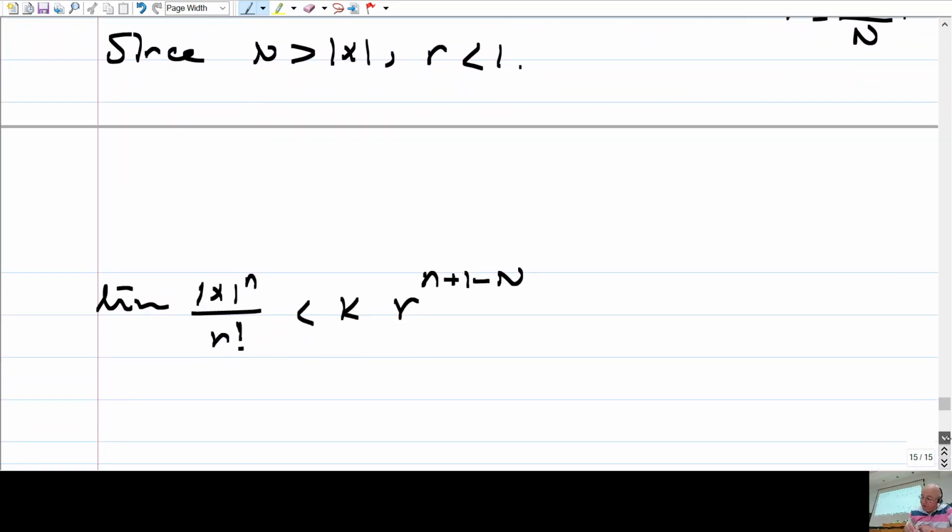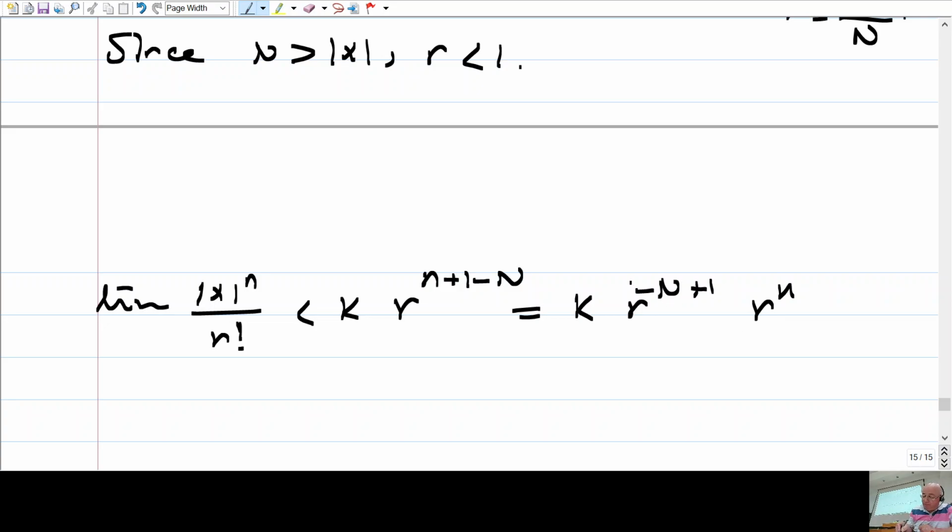And I can write it this way, this gadget. This is r, so k times r to the power minus n plus 1 and then r to the power n.